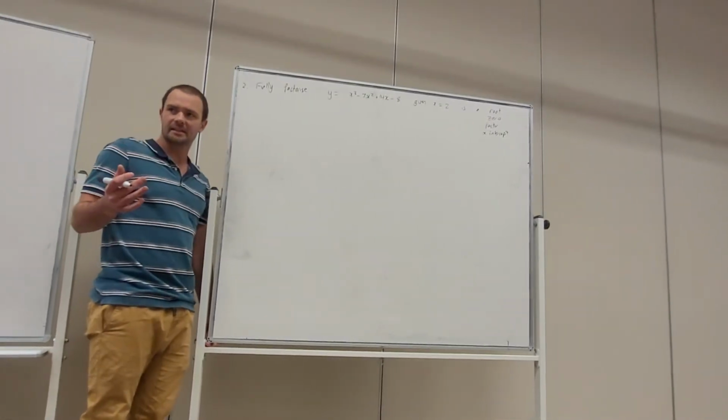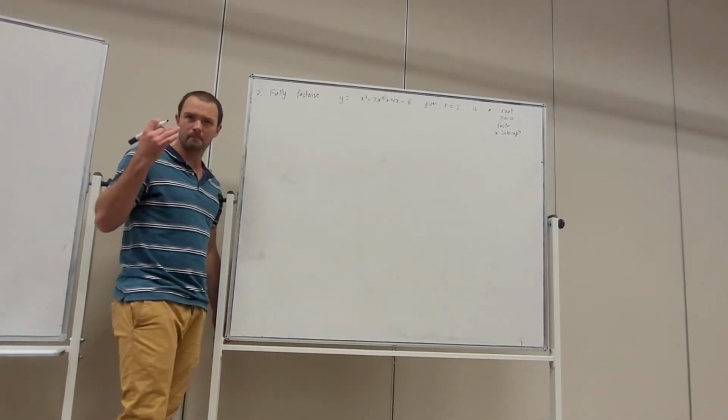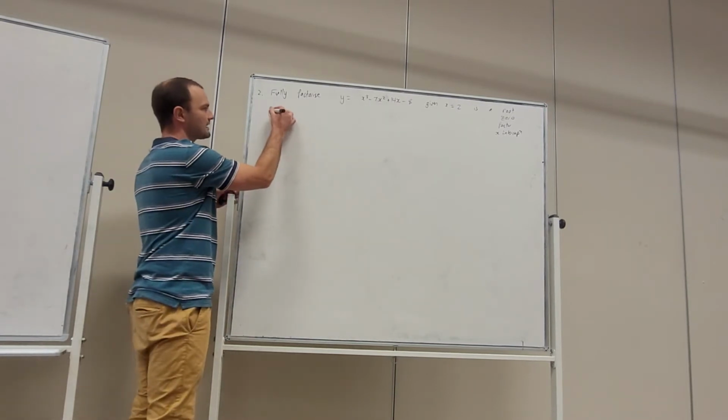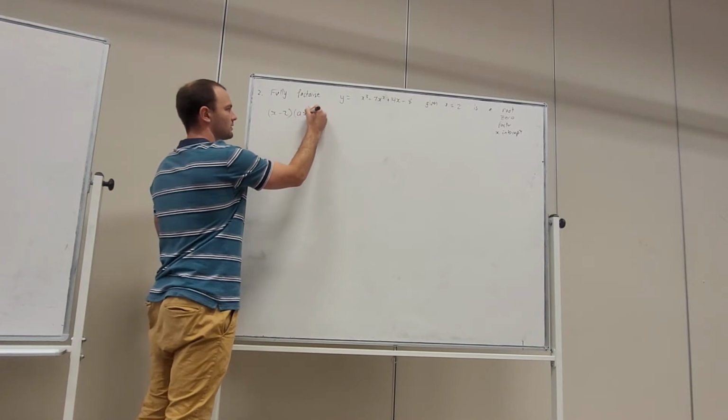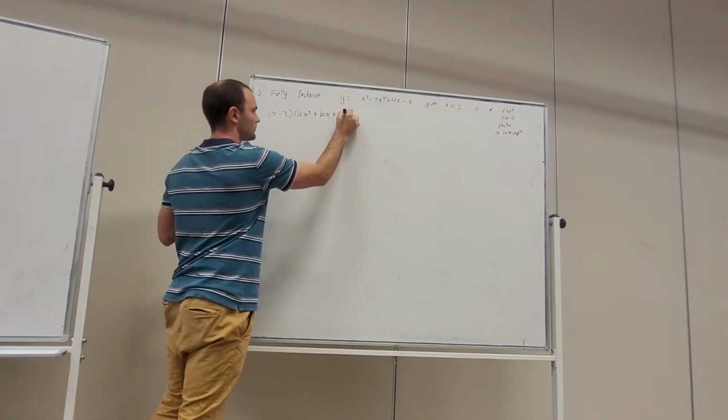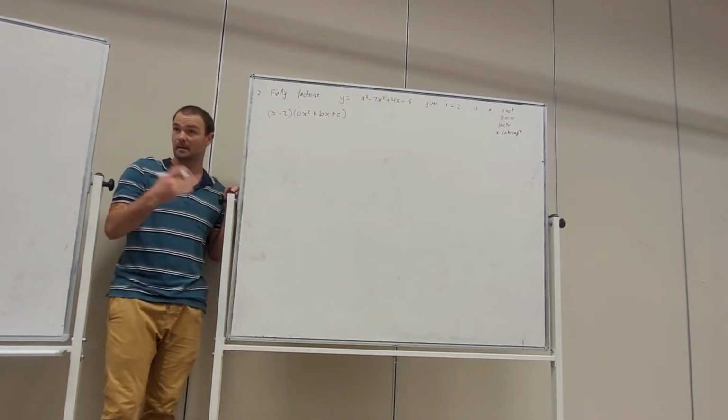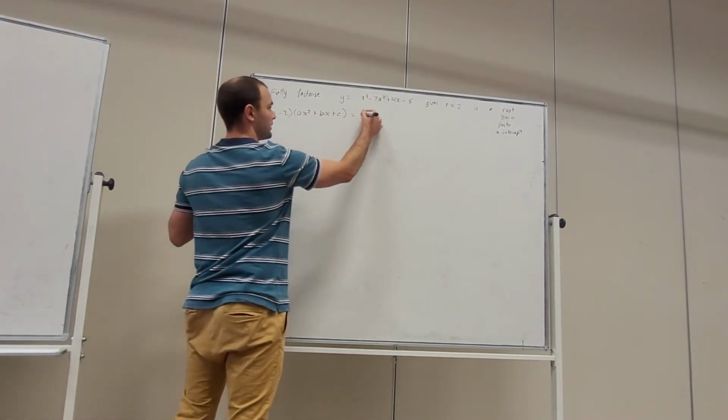So because x equals 2 is a root, it means that x take 2 times by some quadratic is going to equal this cubic.